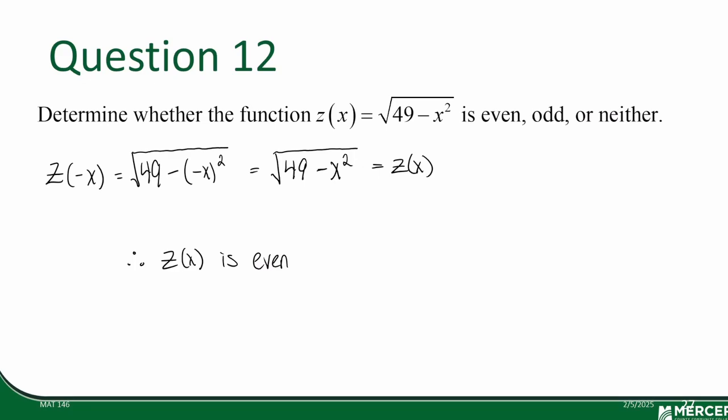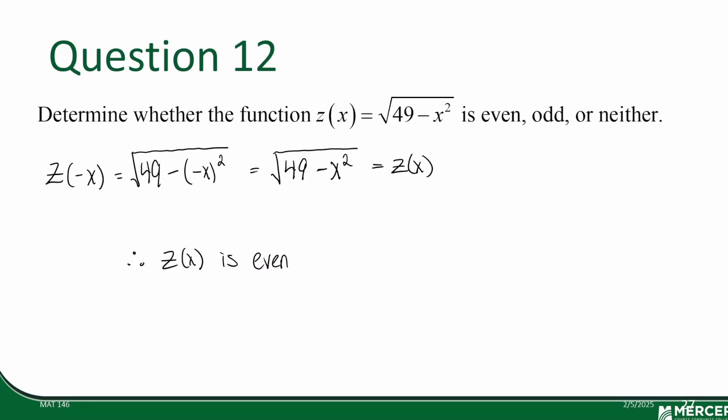Since this one is short, I'm still not getting it. On a test, I would substitute the negative x in and make the actual equation, but how do you know if that's even? Because when you simplified it, didn't you get the exact same function?